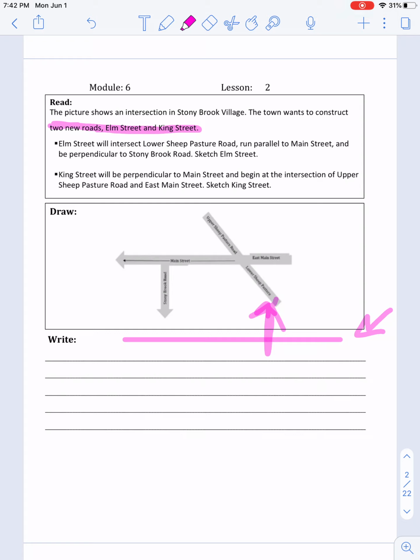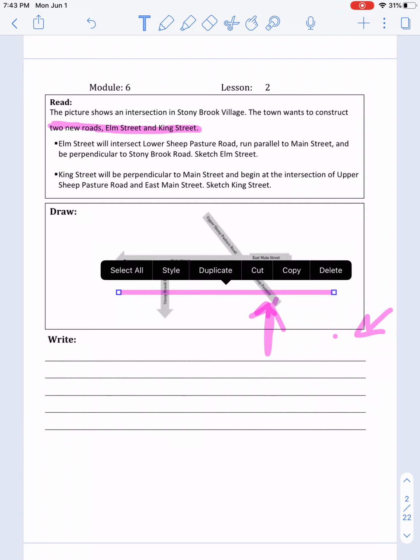So you have to think about, what does perpendicular mean? What does perpendicular mean? So here we go. If this is my road, Elm Street, what I would do is I would take my line, okay, and here is my new Elm Street.